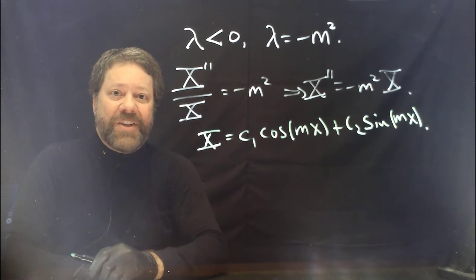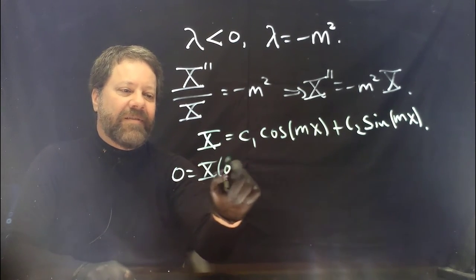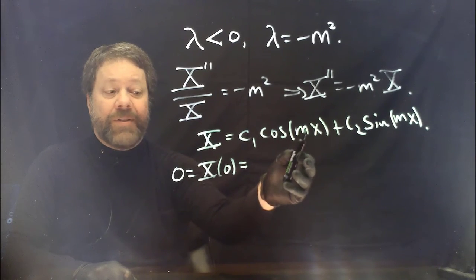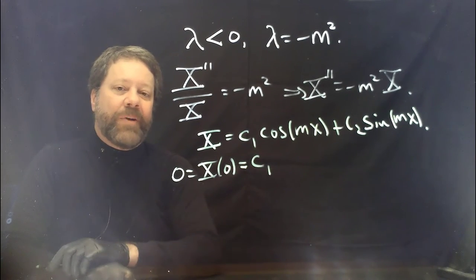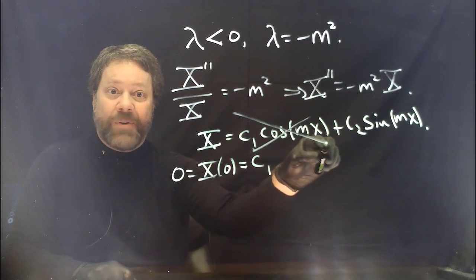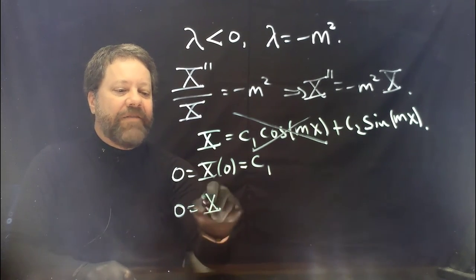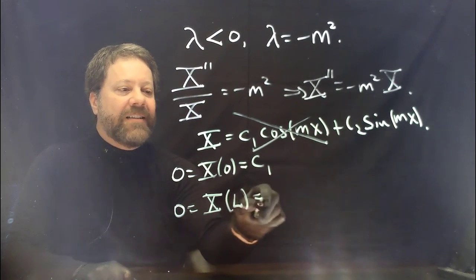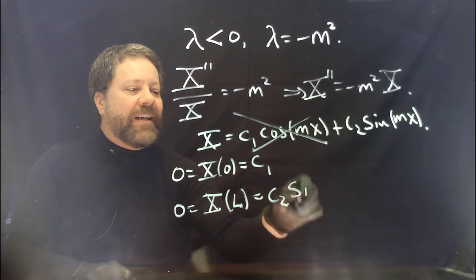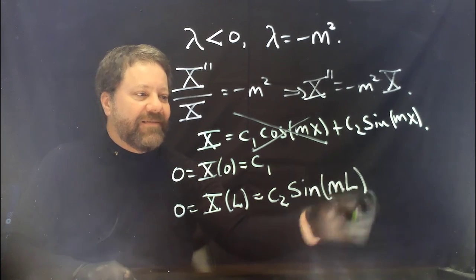Again, we have to check the boundary conditions. If we plug in x equals 0, cosine of 0 is 1, we'll end up with c1 is 0. So this part is out. 0 has to be X evaluated at L as well. And since the first part is gone, we'll have c2 times the sine of mL.